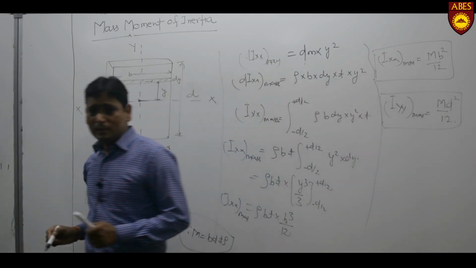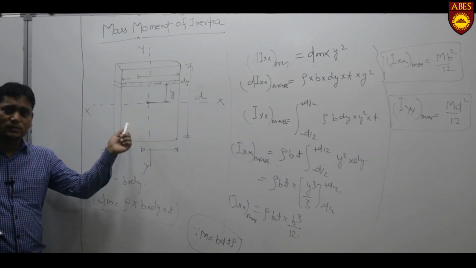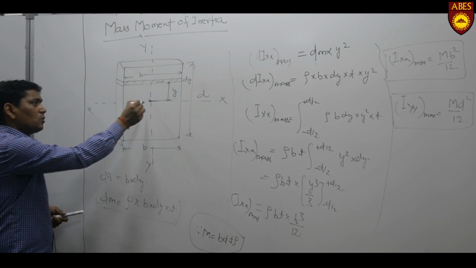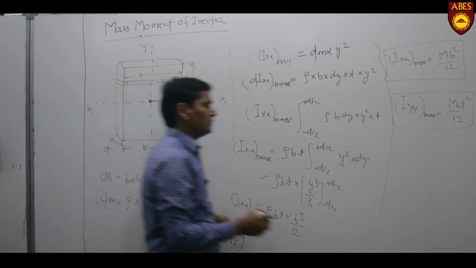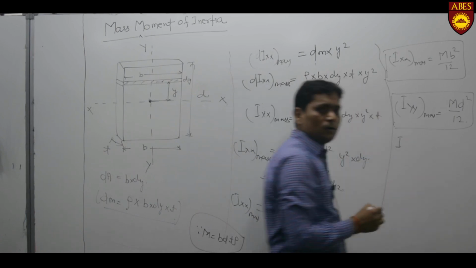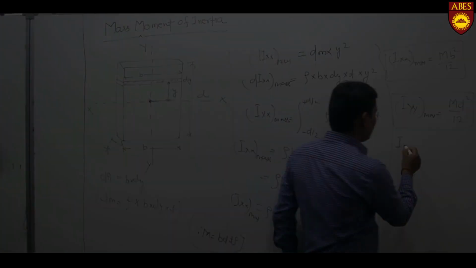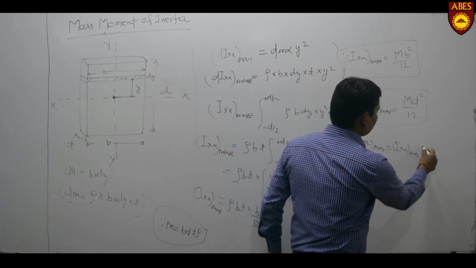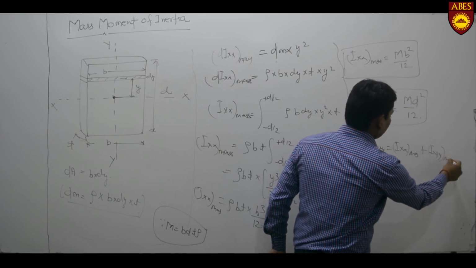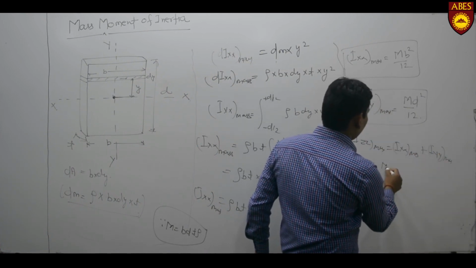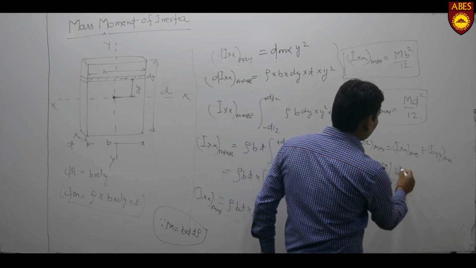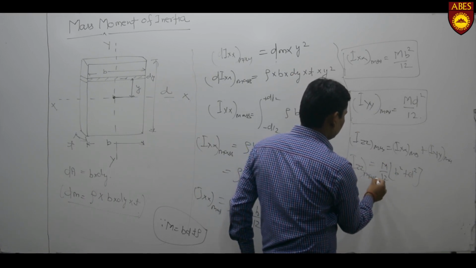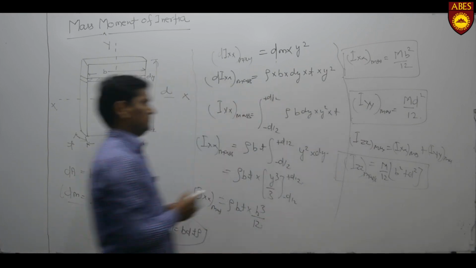Now we will calculate the mass moment of inertia of the rectangular section about the z axis. The z axis is perpendicular to this plane. Then we can use the perpendicular axis theorem: Izz mass equal to Ixx mass plus Iyy mass. Then M will be common, b square plus d square. This is the mass moment of inertia about the z axis.